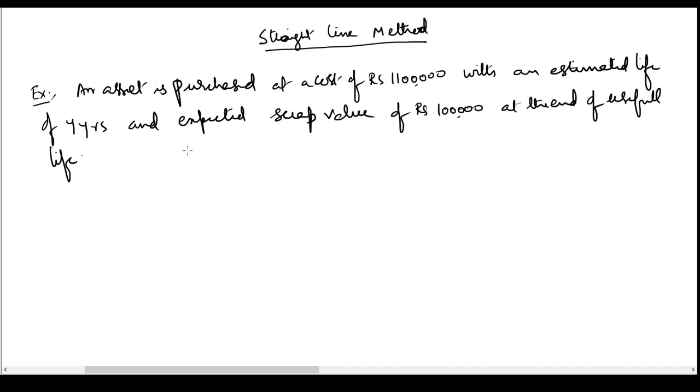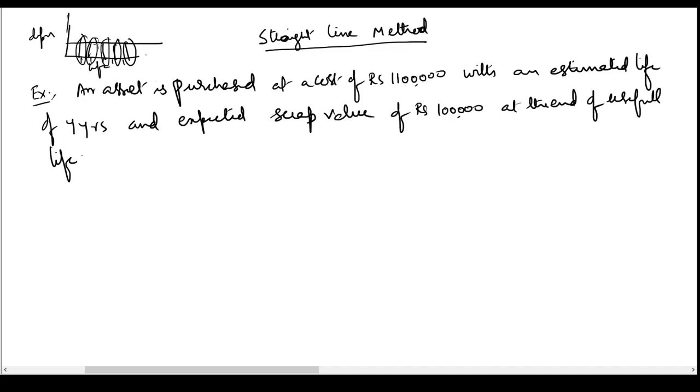So if you prepare a small graph where on the y-axis you have depreciation and on the x-axis you have the life, 1 year, 2 years, 3 years, 4 years, 5 years, etc., you will find that the depreciation amount every year will remain the same. That is why this is called the straight line method or the fixed installment method.